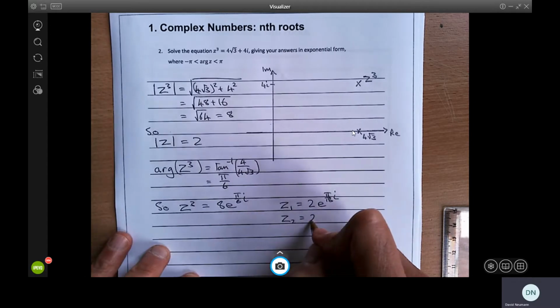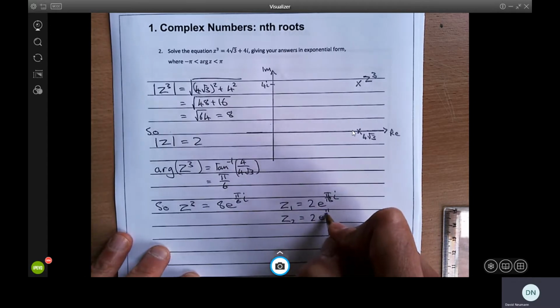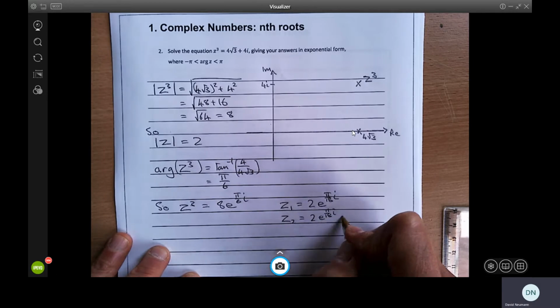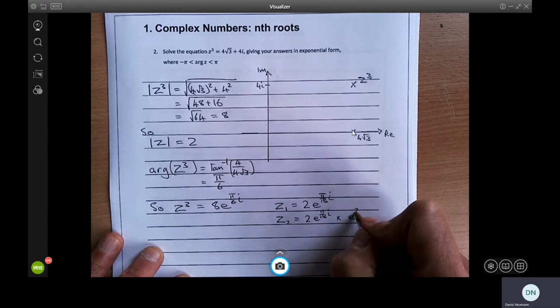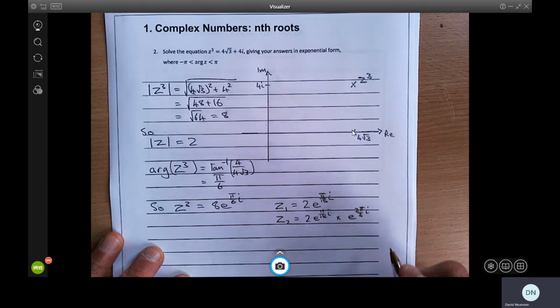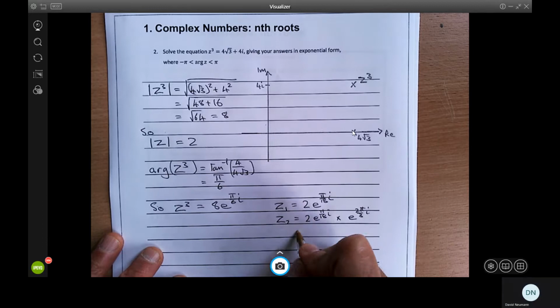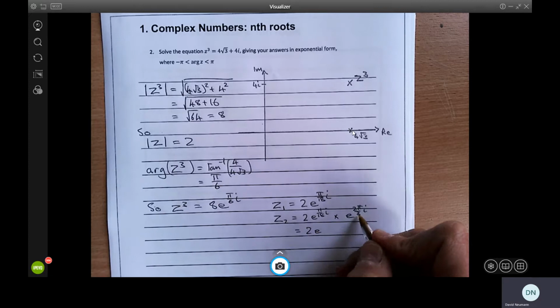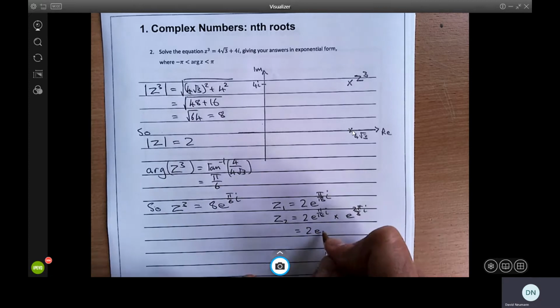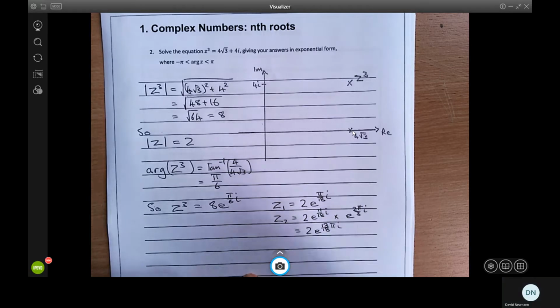So it's going to be 2e to the pi over 18 i times e to the 2/3 pi i, which is 2e to the, what's that? It's going to be 12 over 18, isn't it? So 13 over 18 pi i.